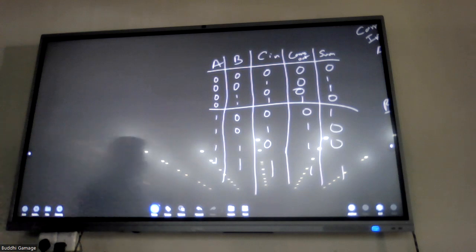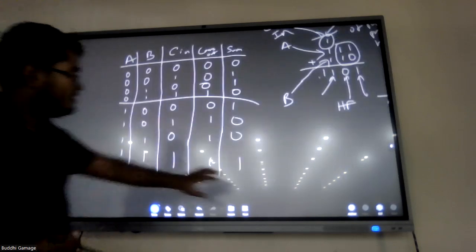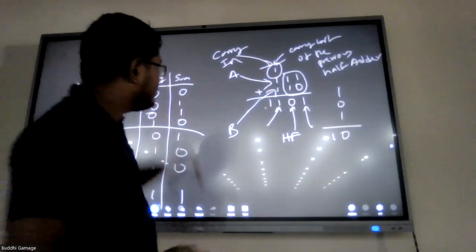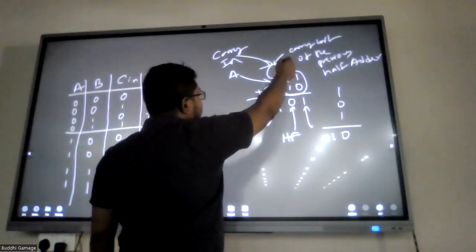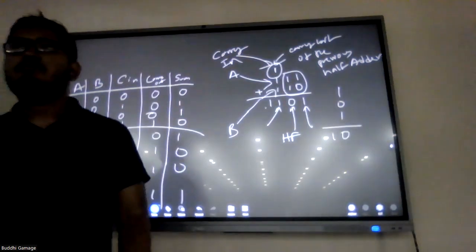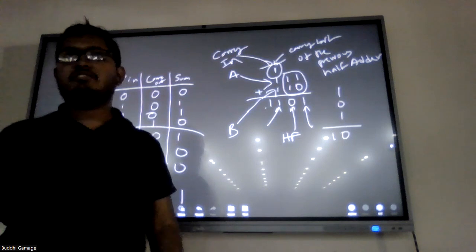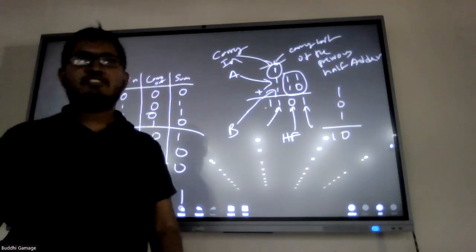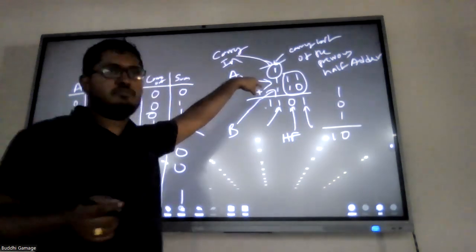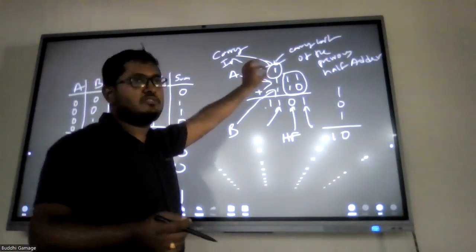So how are we going to get this carry in bit from the previous half adder, right? And there is another half adder for this part, right?